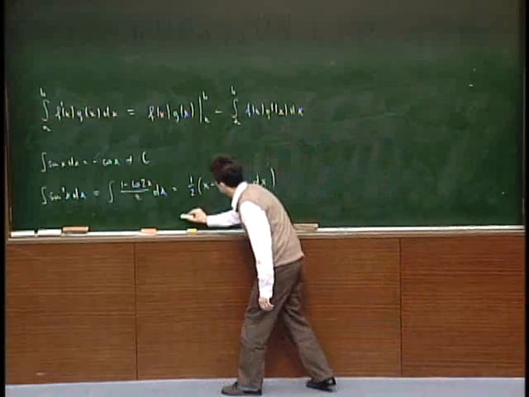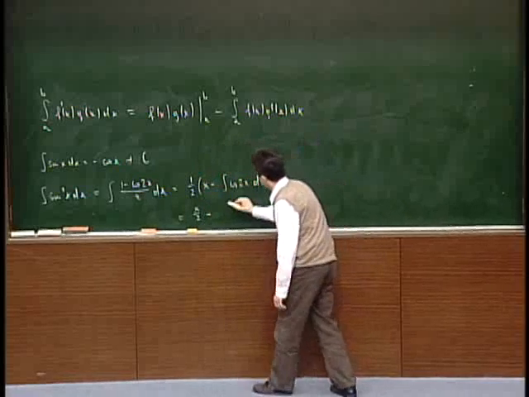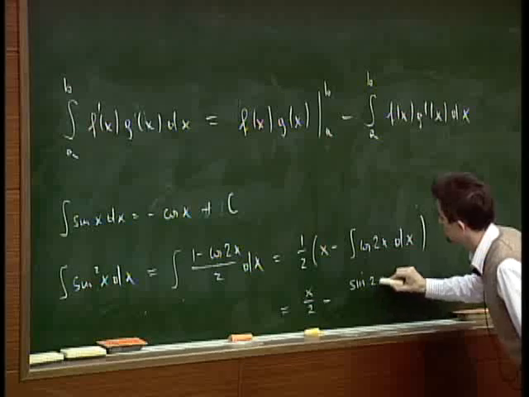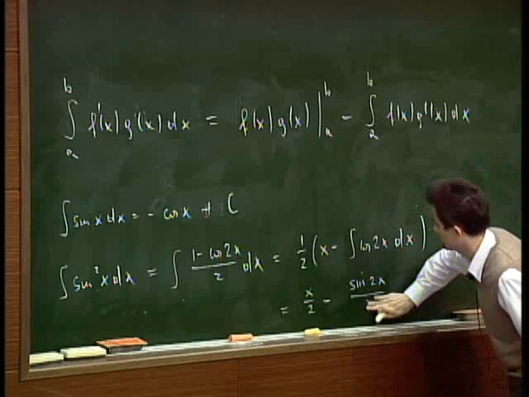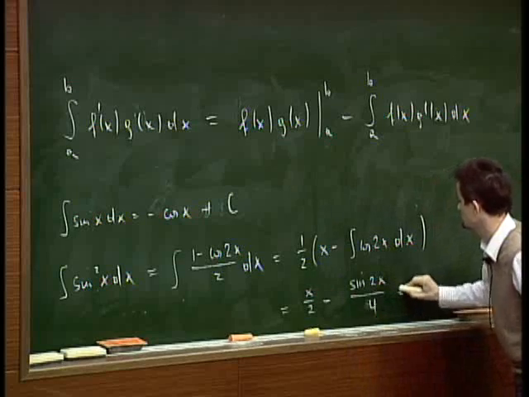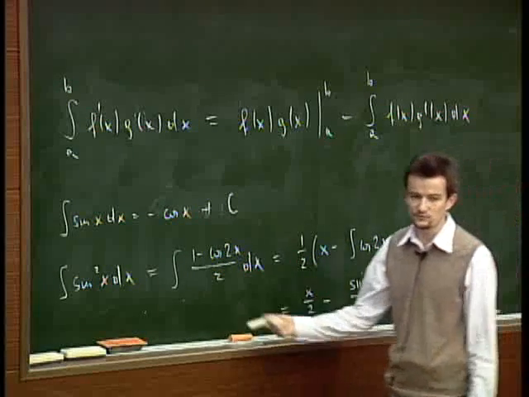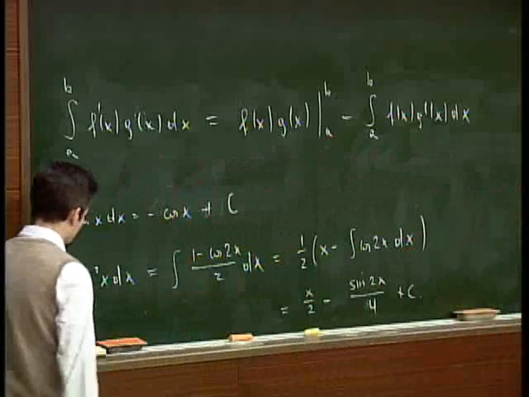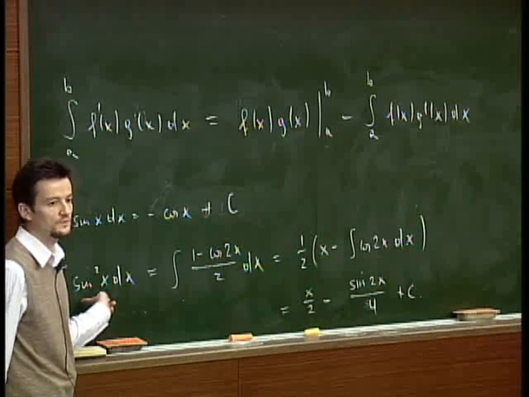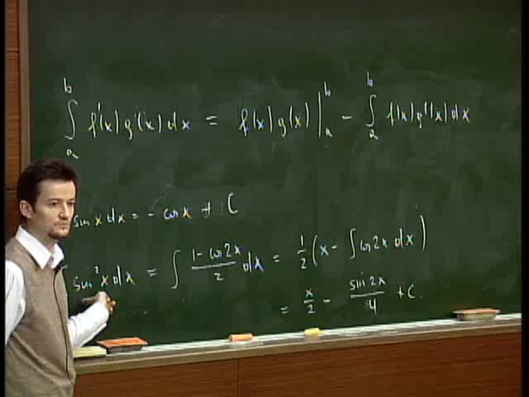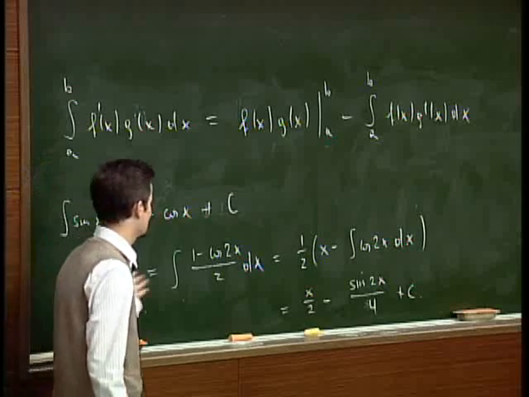So this is equal to x/2 minus, and here you have sine 2x over 2, and from this 1/2 over 4, plus a constant. So maybe some of you have seen this kind of trick. There are many different ways to compute this integral. One way would be integration by parts using the method we just have seen, but this is maybe quicker, so you use the half-angle formulas.